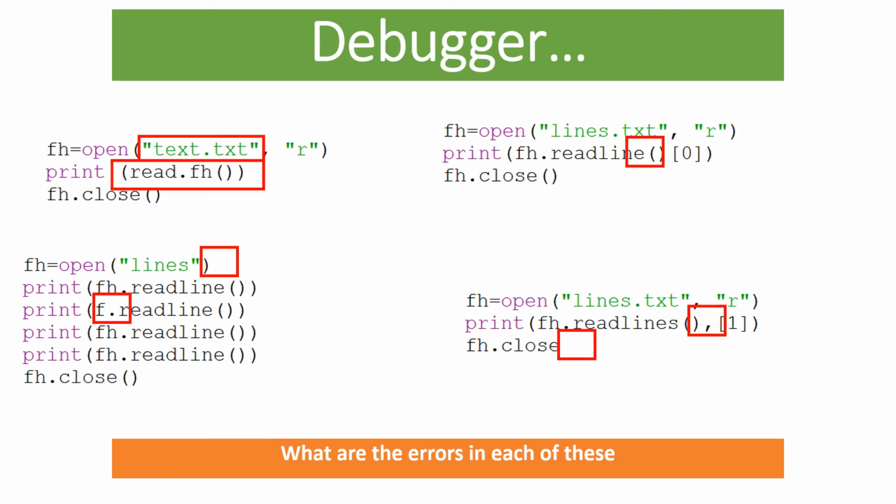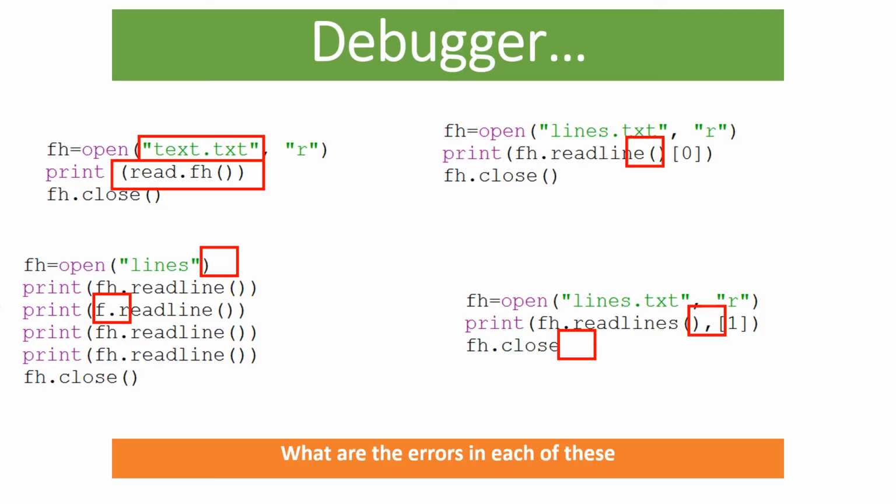Have a look at these different items. What do you think is wrong with each of the code? The first one, text.txt. Well, this is an incorrect file name. It was lines.txt. The second one, read.fh. Well, that's the wrong way round. It should be fh.read. The last one, on the left-hand side, we're missing the R, the read command.